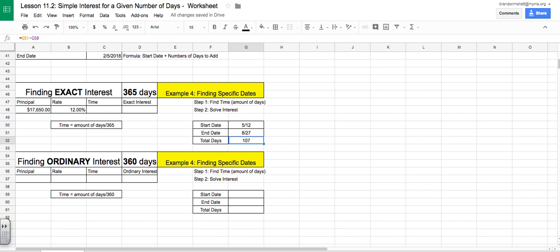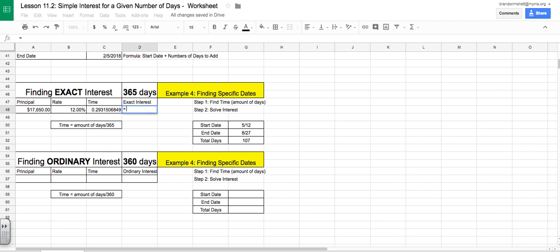Now that we know the number of days, we're ready to put in the time. For time, we go equals 107, which came from the total days, divided by 365, and enter. This gives us the amount of days in decimal form. For exact interest, we divide by 365.